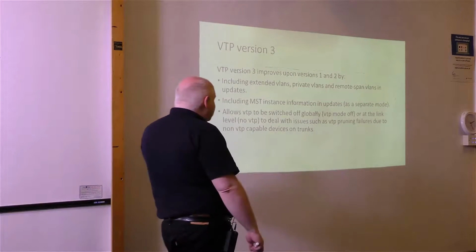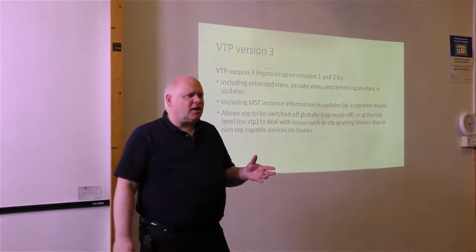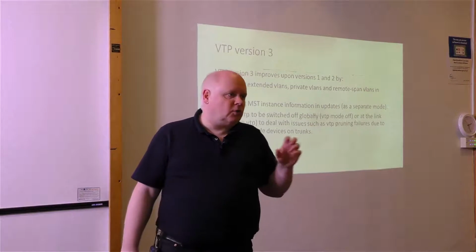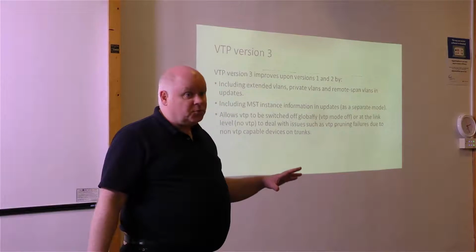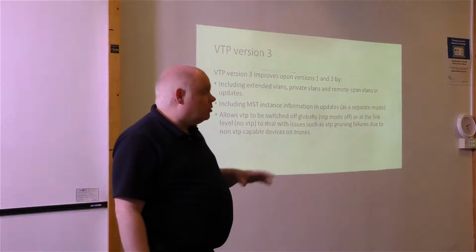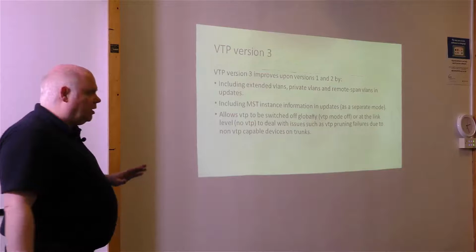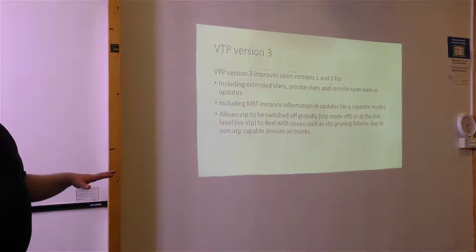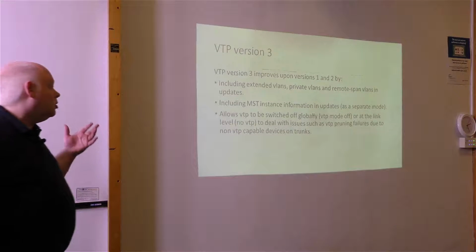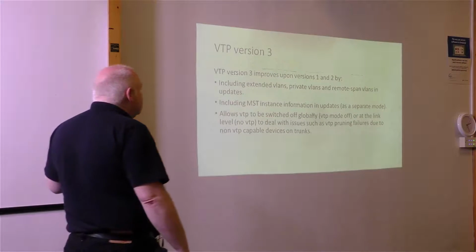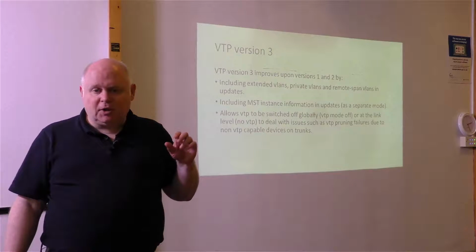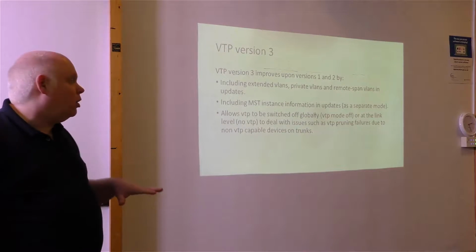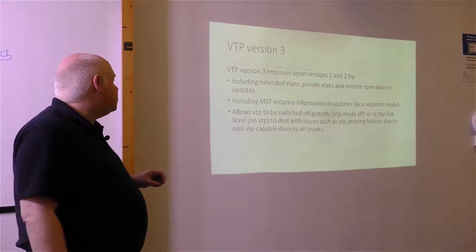Before we talked about transparent mode being effectively like switching VTP off. Well, now we actually have an off switch for VTP. We still have transparent mode, but we can also say a switch is not listening anymore to VTP, just like before. But we can also say we want to switch off VTP on the switch completely, or on a particular interface.